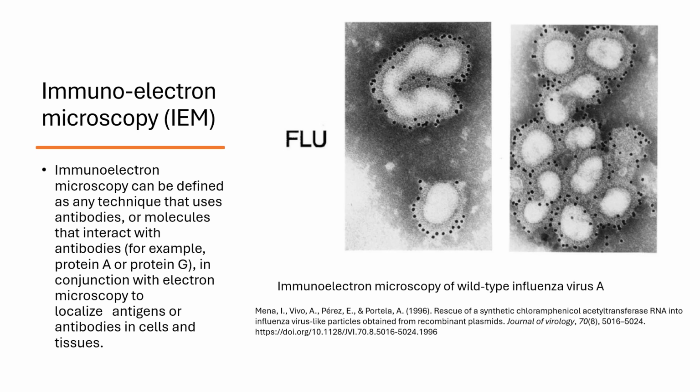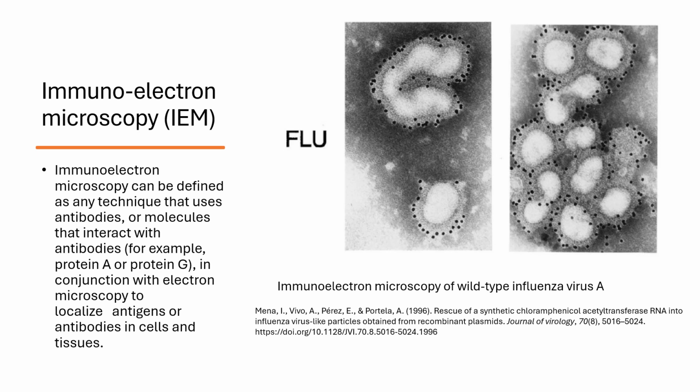Why use immunoelectron microscopy (IEM) for viruses? Specificity. IEM is more specific than traditional electron microscopy, which can only visualize the general structure of a virus. IEM can differentiate between different viruses even if they have similar morphologies. Sensitivity.